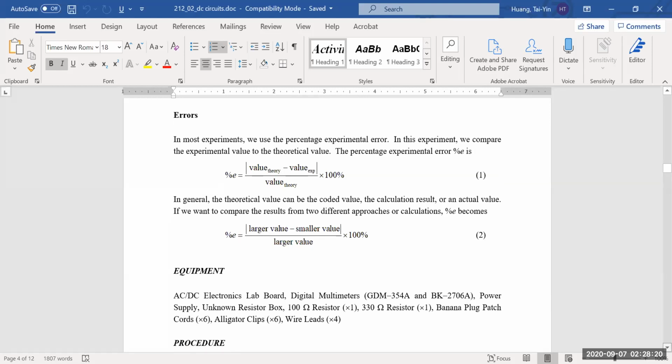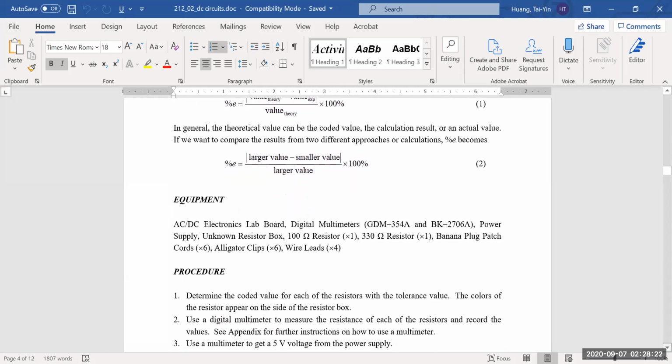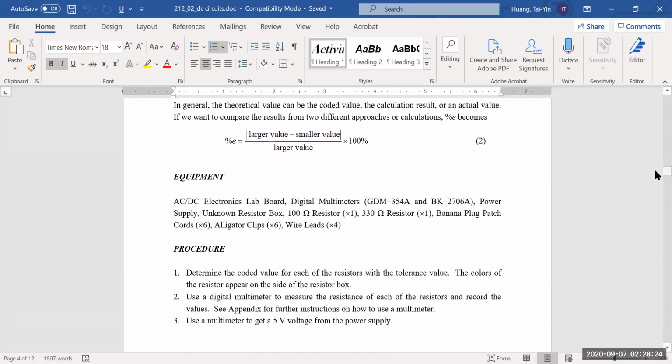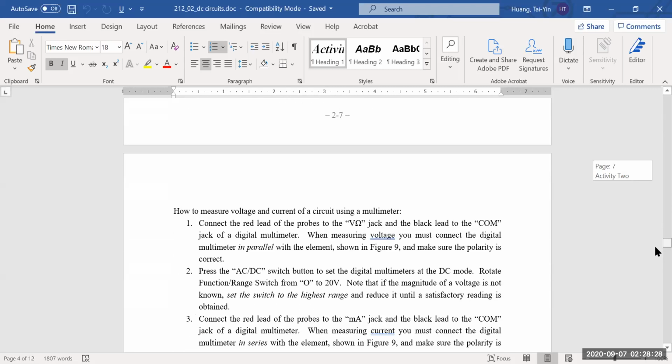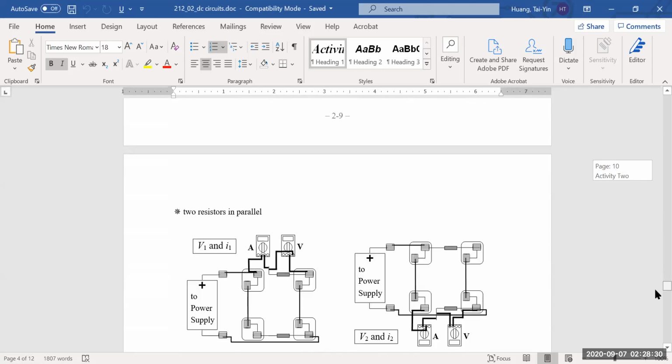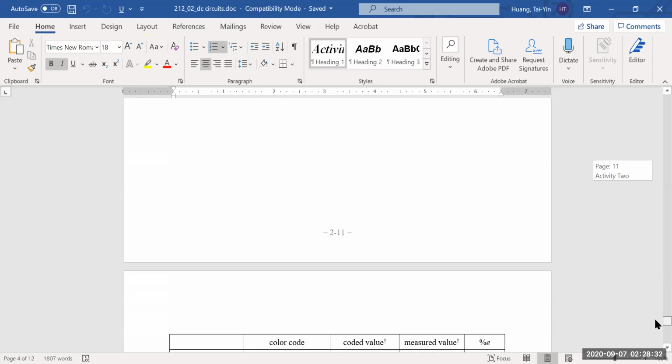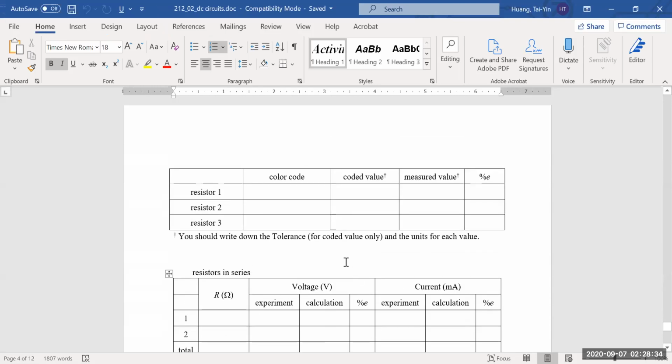Okay, all right. So for this experiment, there are two different parts. I'll scroll down to the data table. The first part is that you're given three different resistors. The color code will be given, and based on the color code, you determine the coded value, and then compare it to the measured value in order to get the percent error.